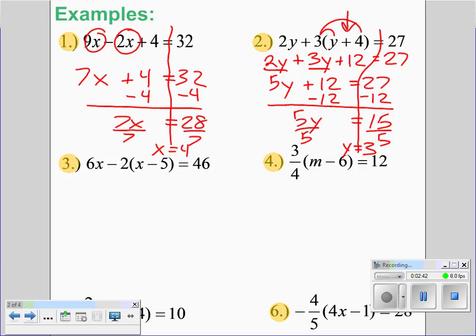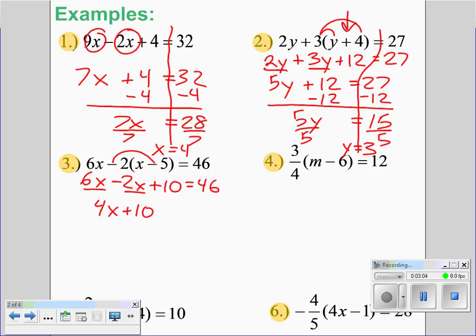Looking at problem number 3, again, get rid of parentheses. So 6x. Now notice we have a negative 2, so it's going to be negative 2x. And then a negative times a negative becomes a positive 10. Next step, combine like terms. So we have 4x plus 10 is equal to 46.